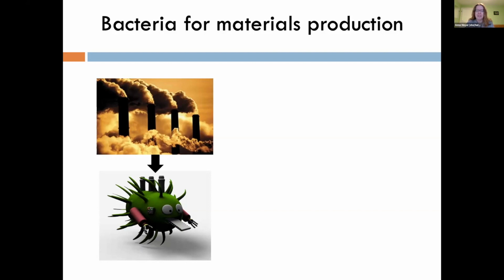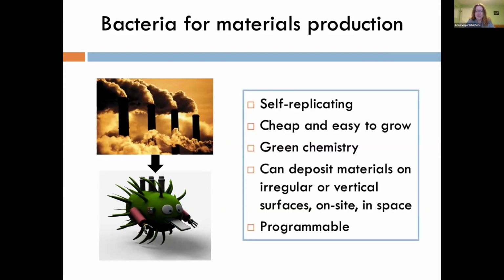But I think there's also vast untapped potential for bacteria to make the structure of the built environment around us. And can we do it in a way that's environmentally friendly and replaces traditional and more wasteful approaches? I think bacteria are amazing candidates to be the next generation of materials production factories.